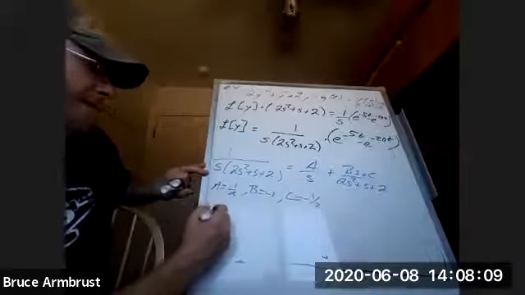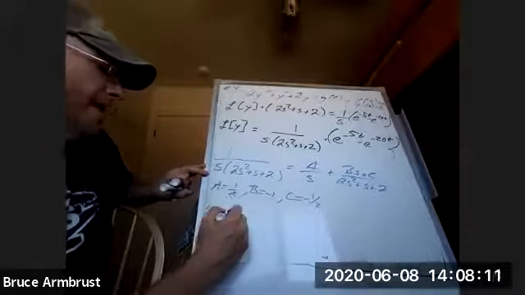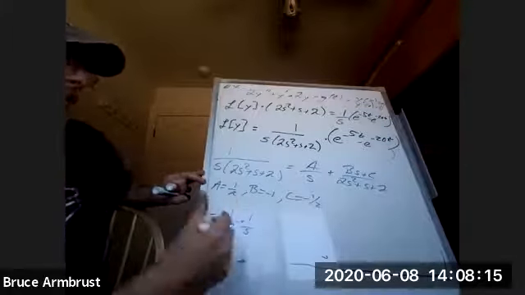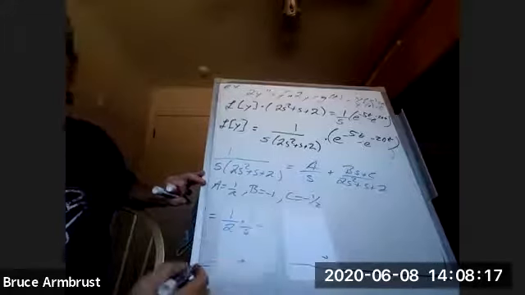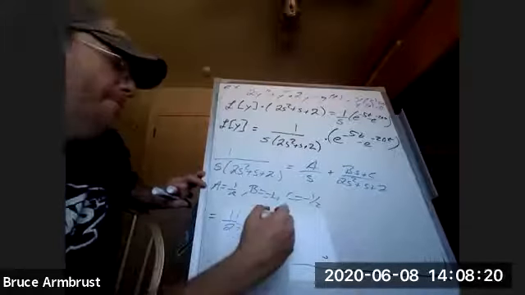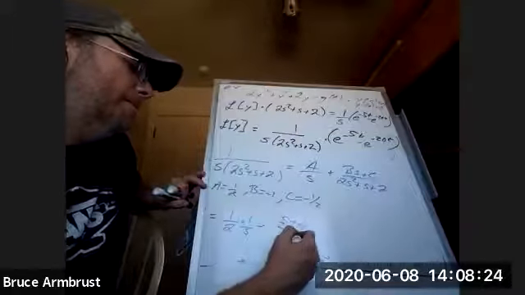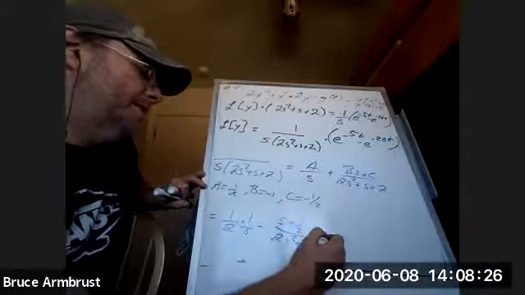So that means that this thing will split apart then as 1/2 times 1 over s. And then we're going to get minus, that's going to be s plus 1/2 over 2s squared plus s plus 2.